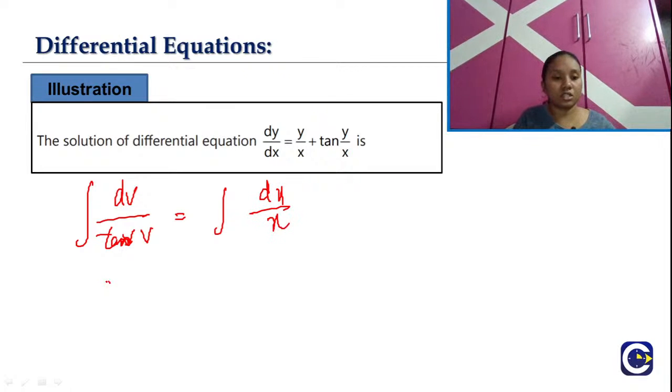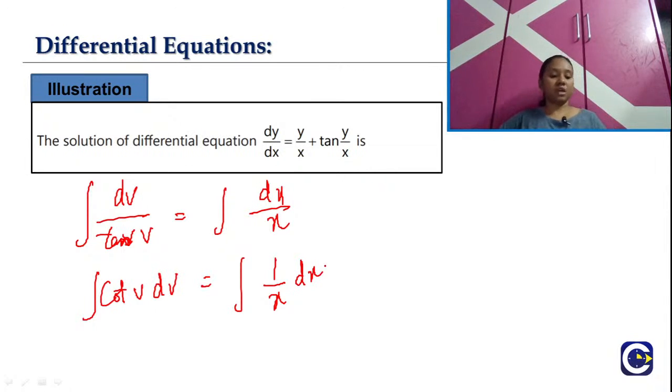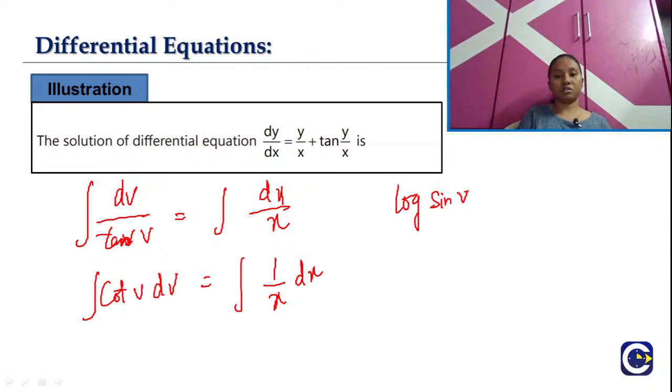This can be written as cot v dv. We just have to apply our formulas. Integration of cot v will be log sin v, and integration of 1 by x will be log x, and the constant c will be there.